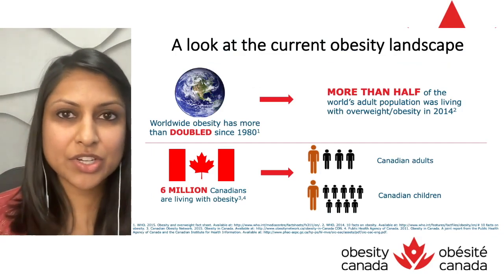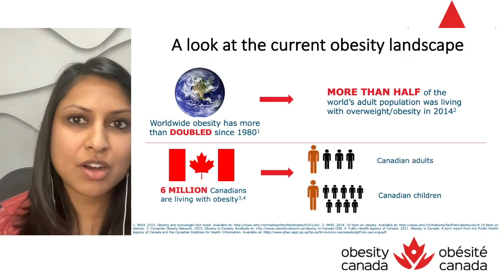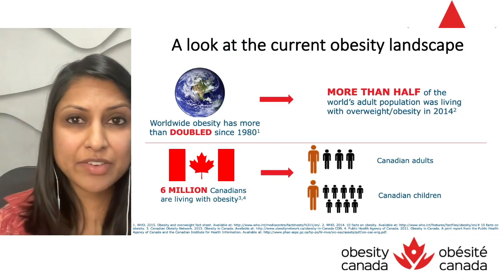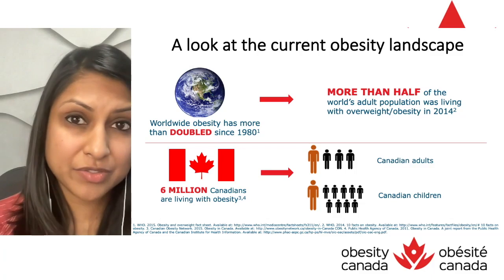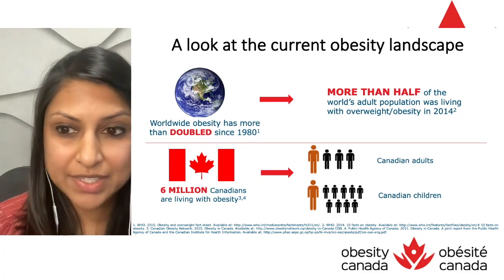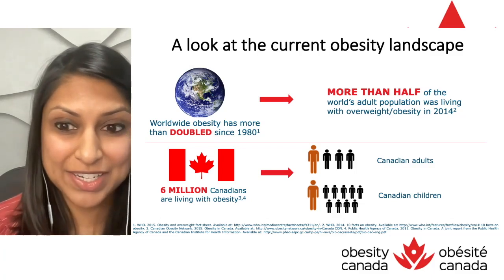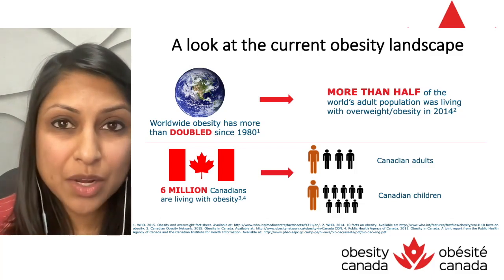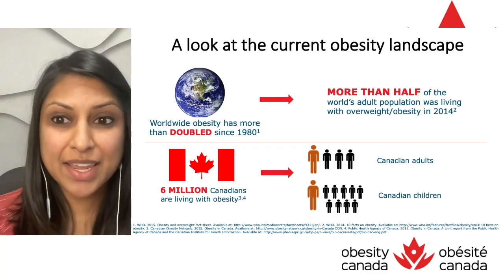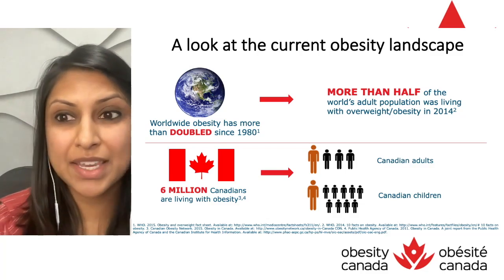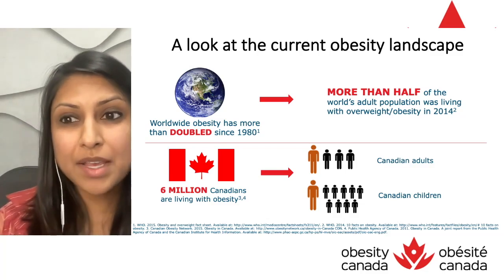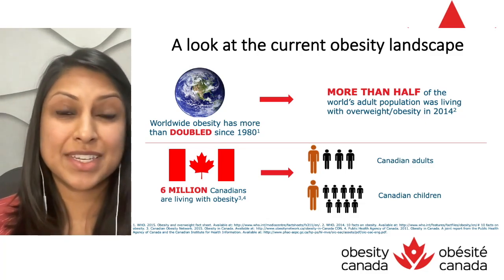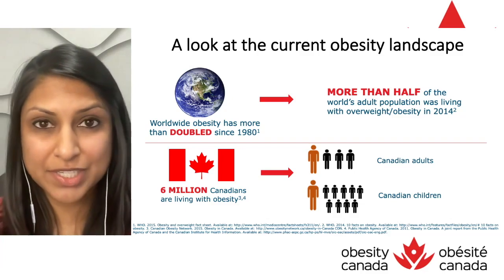So let's really start at the beginning, a discussion on what the current landscape looks like. This data that I have up is actually from 2015 from the World Health Organization. You may have seen it already today. Unfortunately, what it shows is that worldwide since 1980, the rates of obesity have doubled, which means that more than half of the world's adult population is living with obesity. That was back in 2014.